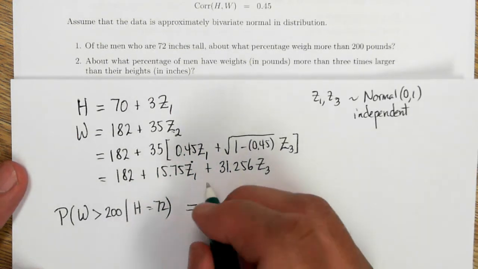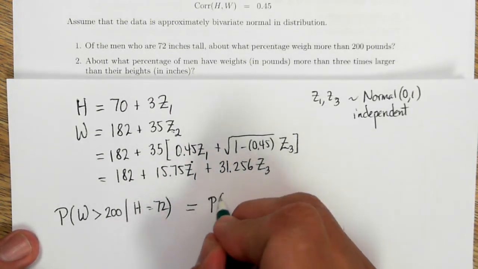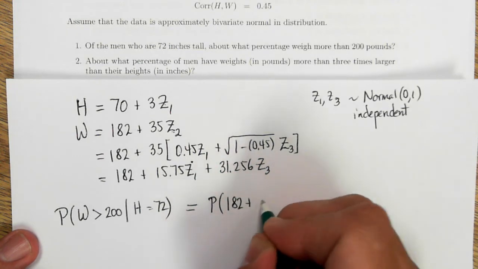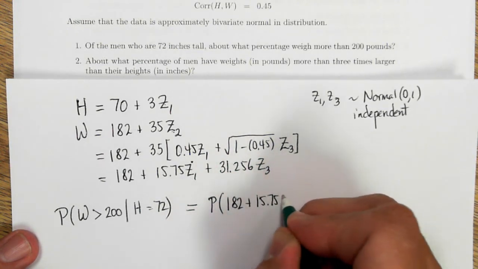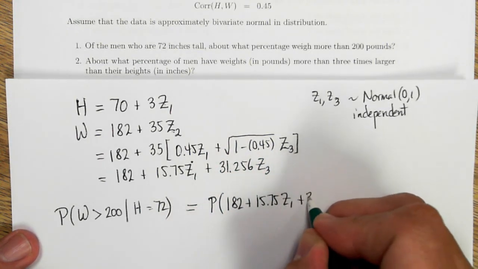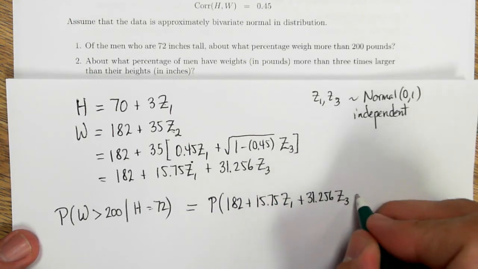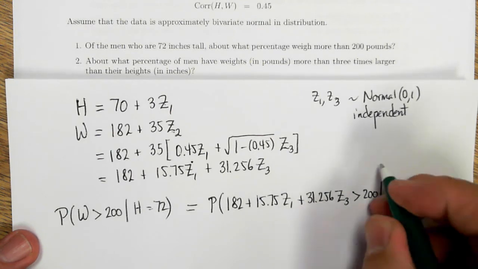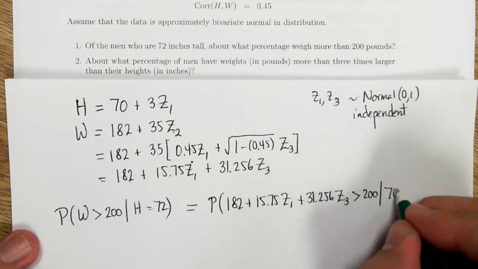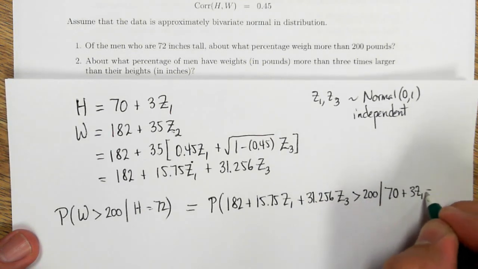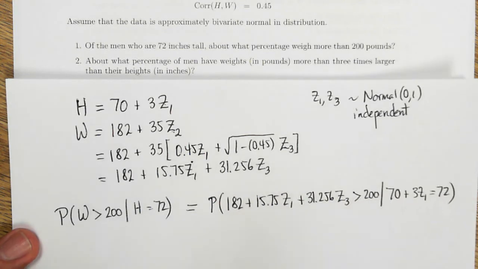So let's turn everything into z's. I want the probability that 182 plus 15.75 z1 plus 31.256 z3 is greater than 200, given that 70 plus 3z1 is equal to 72.